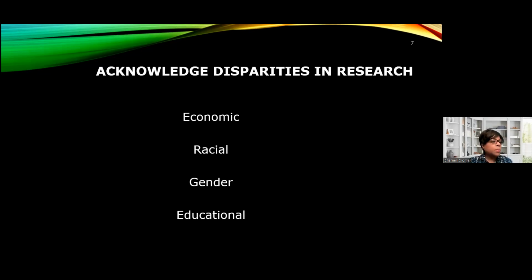So let's move on to the racial disparity category, and just a notable mention of a few atrocities due to disparity in research under this category. And we've all heard these before, but I think it's important to mention them. The Tuskegee syphilis trial, which occurred in 1932.